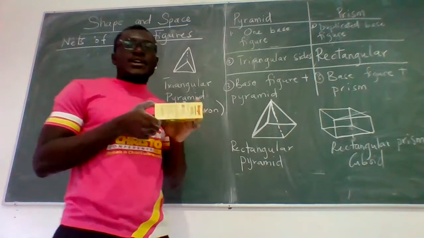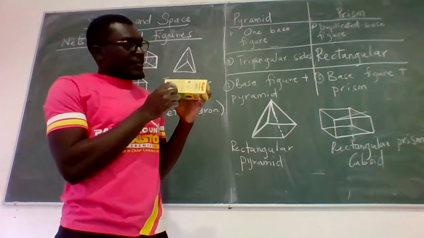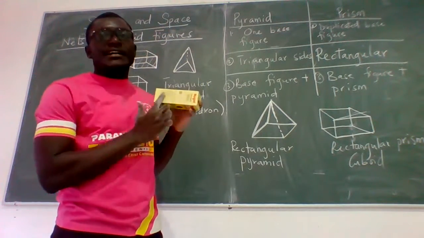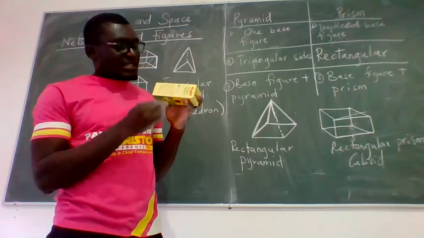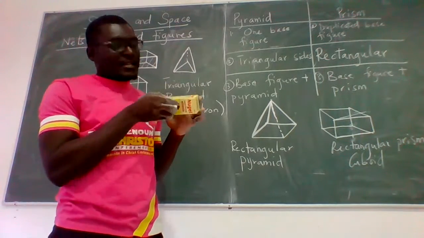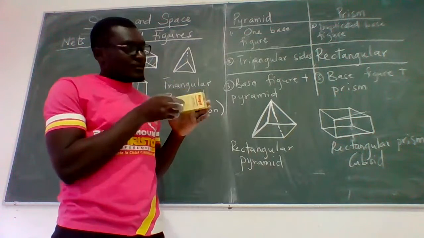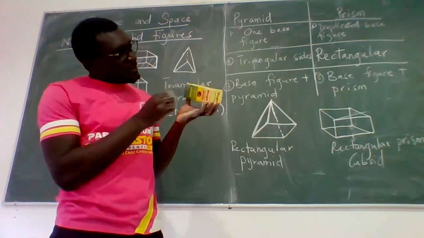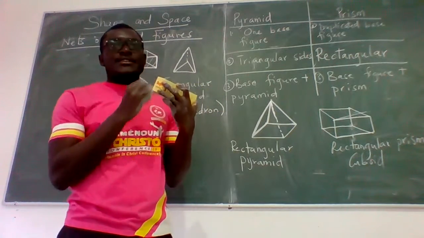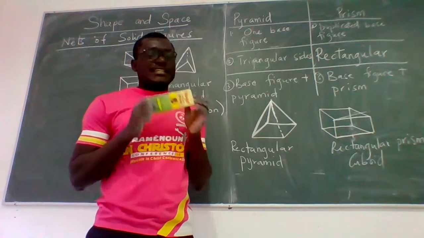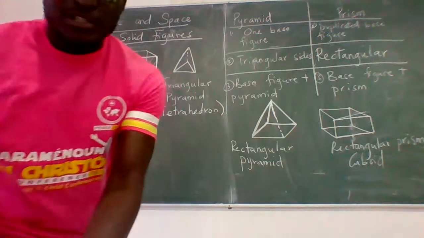We are saying that where we have another plane figure is what we call the face. So here, if I am counting, I have 1, 2, 3, 4, I have 5 here and then 6. So this tells me that I have 6 faces for the cuboid.